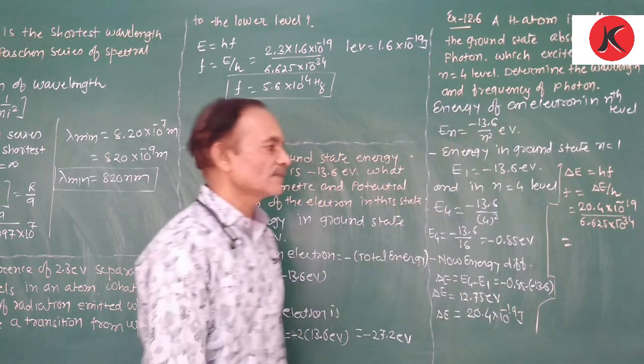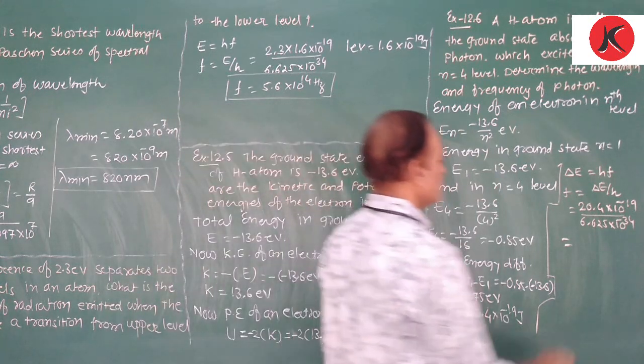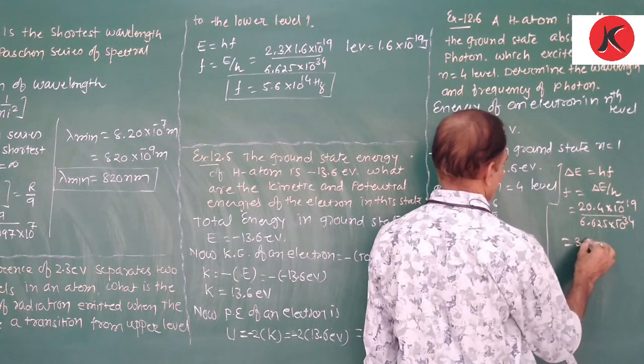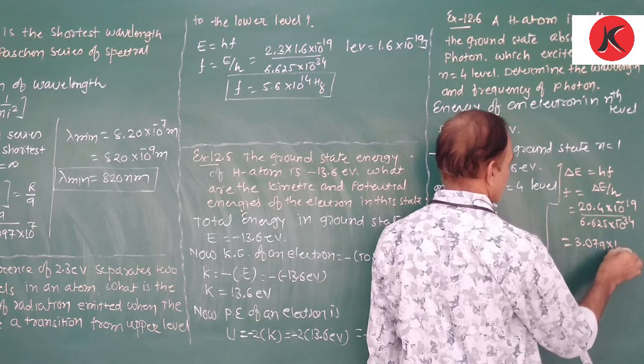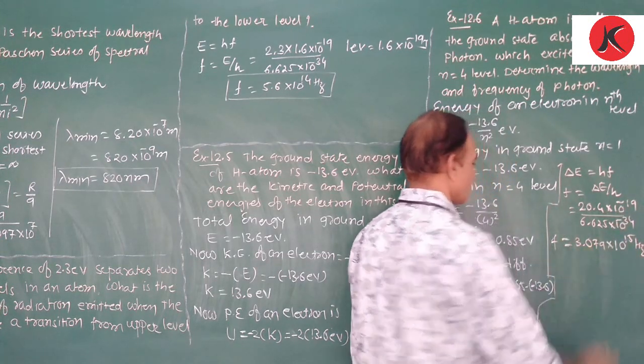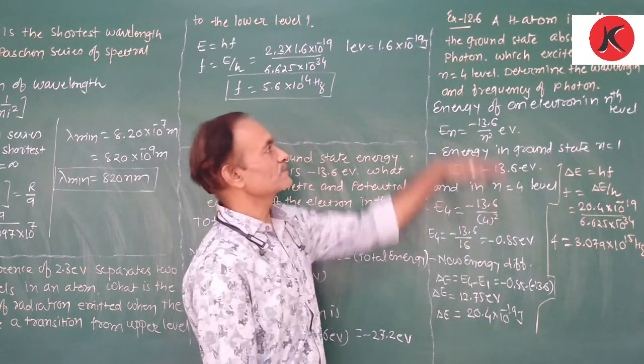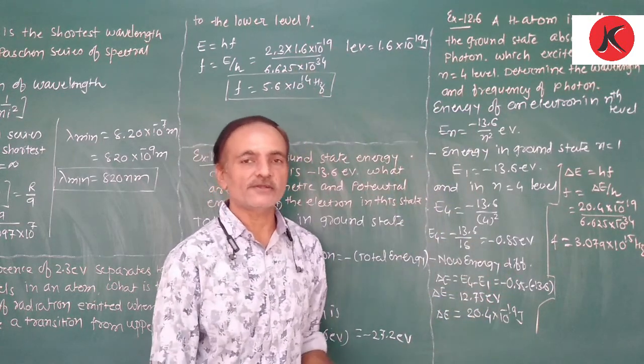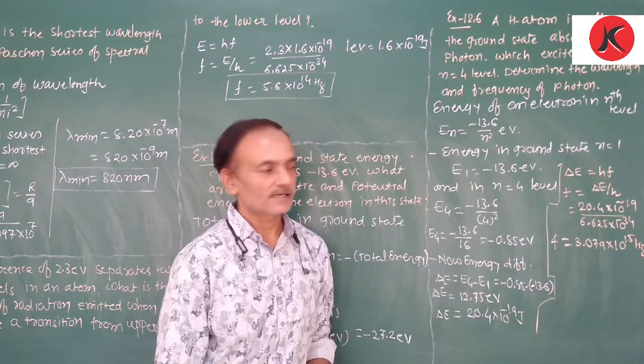Therefore, the frequency of the photon is 3.079 into 10 raised to 15 Hz. That is the frequency of the photon which is absorbed by the electron in the hydrogen atom in the ground state.